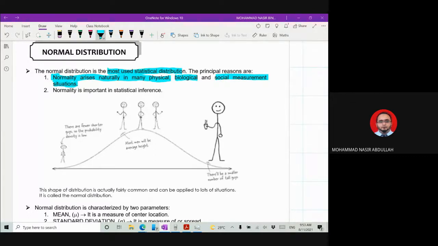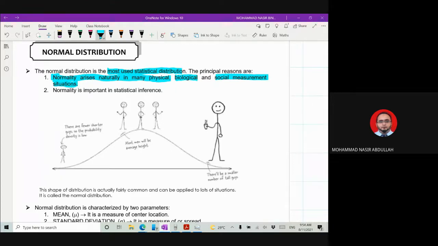That's why the normal distribution is widely used in most practical situations, and it is very important in statistical inference, meaning that most parametric statistical tests rely on the normal distribution.